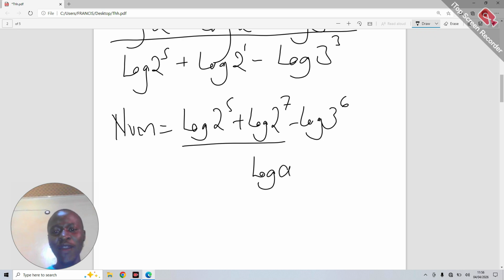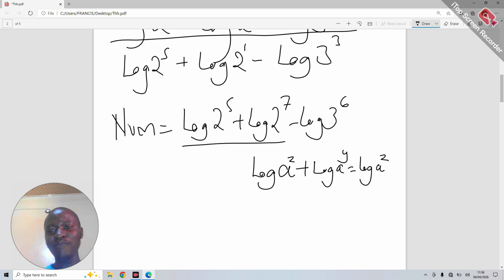If I have log A power Z plus log A power Y, it is the same as having log A power Z plus Y. You can be creative.